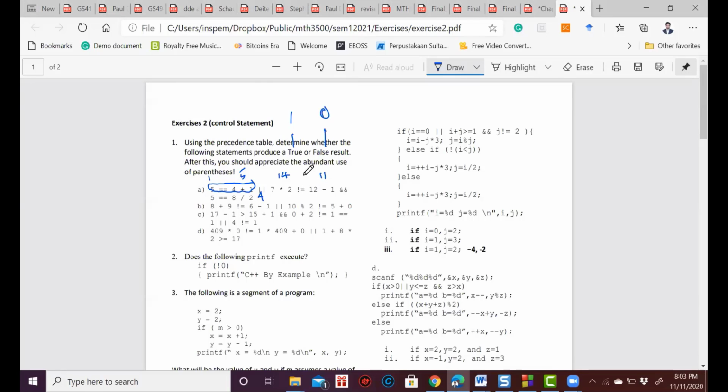True, yes, correct. This one is 1. Next, equal, right? 5 equal to 4. False. This one is 0. Okay, next.